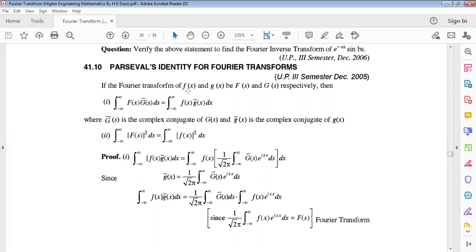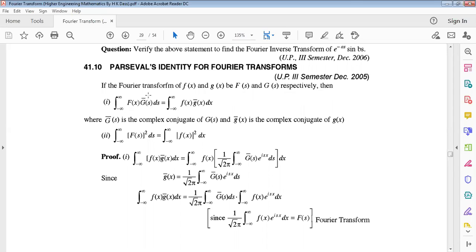If the Fourier transforms of f(x) and g(x) are F(s) and G(s), that means capital F(s) is the Fourier transform of f(x), and capital G(s) is the Fourier transform of small g(x), respectively. Then the first one: the integration from minus infinity to plus infinity of F(s) G bar(s) ds equals the integral from minus infinity to plus infinity of f(x) g bar(x) dx.